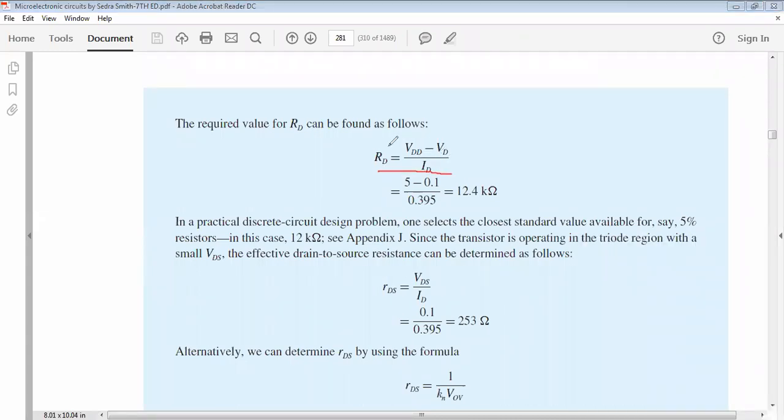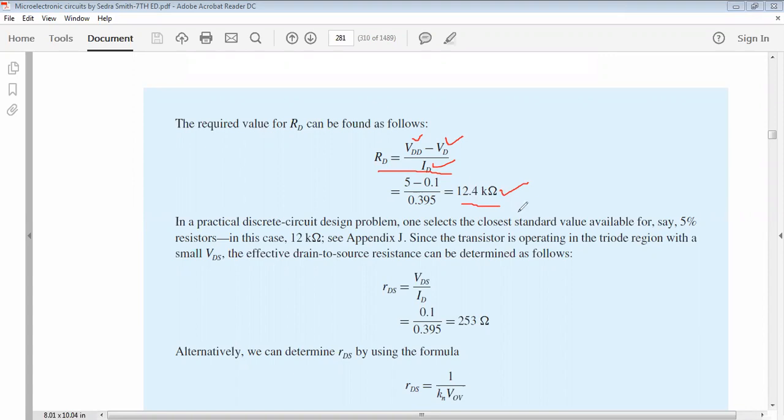Simply apply Ohm's law here. We know VDD, the given VD value, and we calculated ID. So RD is equal to 5 minus 0.1 by 0.395 milliamperes, which is equal to 12.4 kilo ohms. So the drain resistance is equal to 12.4 kilo ohms.